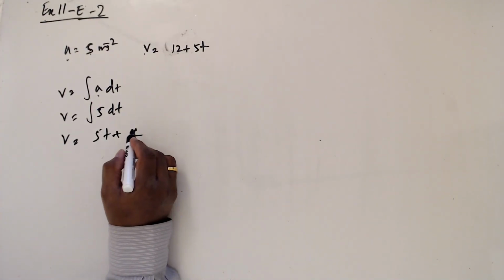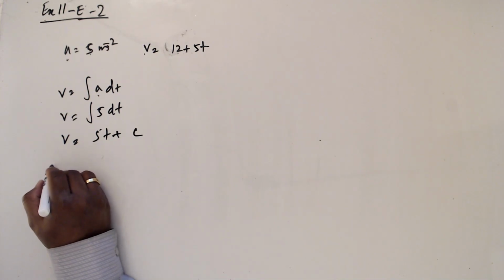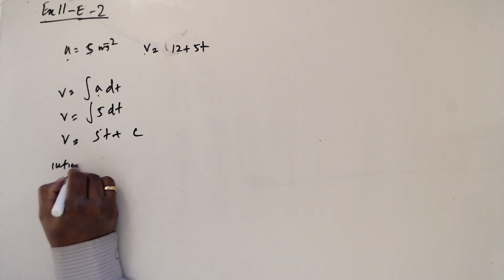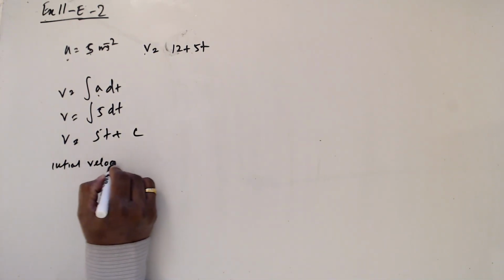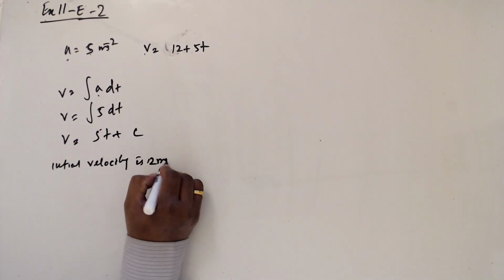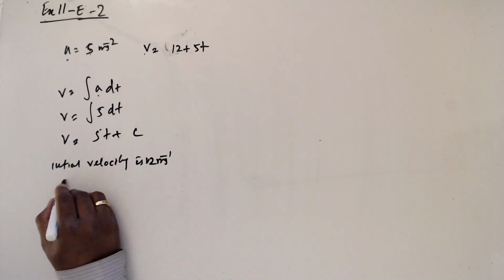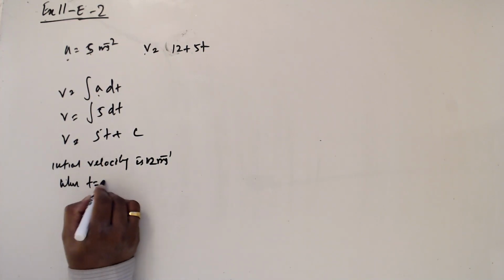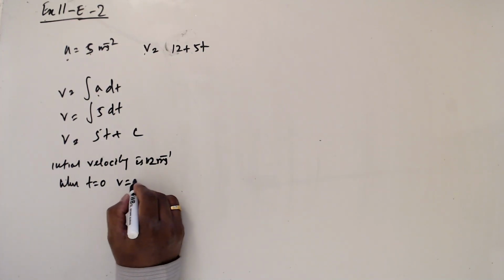Now we know that the initial velocity is 12 ms minus 1. So when t equals 0, v equals 12.